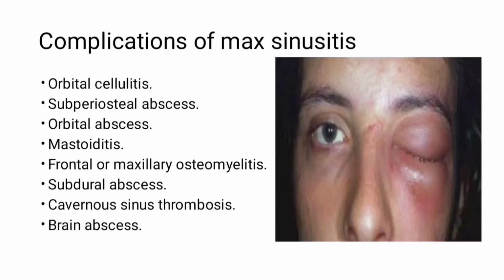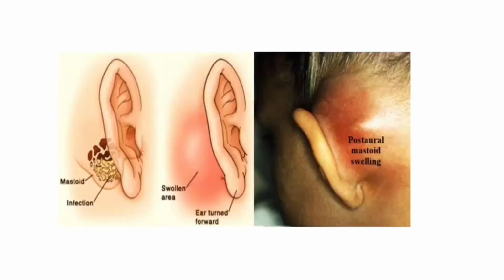Mastoiditis. Mastoiditis comes from the mastoid process, as we'll see later. Here is the mastoid process behind the ear lobule. The mastoid contains mastoid air cells that receive the infection from the eustachian tube.